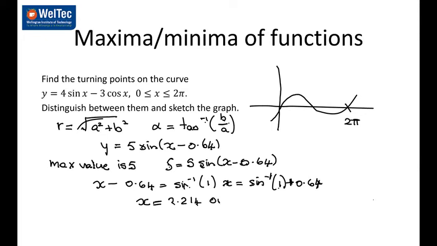So we're going to add pi to that, and we get 5.356. So we know that this one then must be the max, and this one must be the min, and that's perfectly acceptable working for the exam.